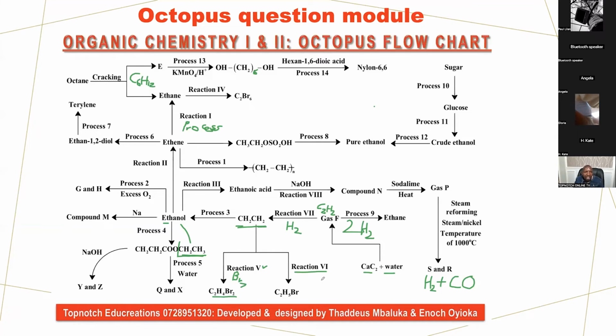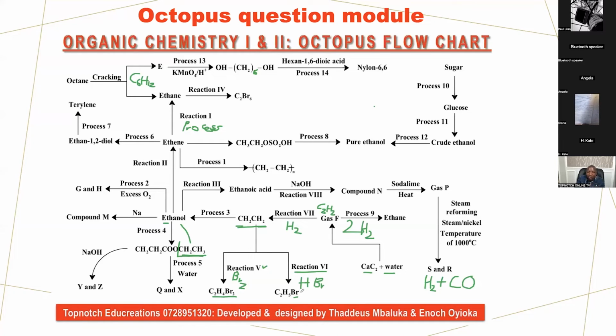If now you are adding a hydrogen halide, you only have one halogen, but in the other you have two parts of the halogen. It is important for you to understand that. So get the difference.